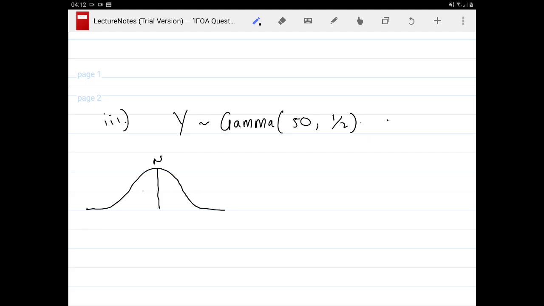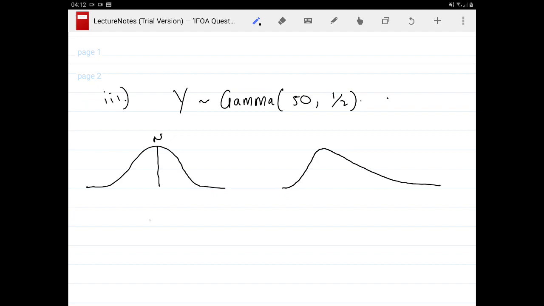It just might be shifted or squeezed in or out a little bit, but it always has this bell curve shape, whereas the gamma distribution, depending on what alpha and beta are equal to, has very different shapes. But one of the important parts about the gamma distribution is that it's usually asymmetric, or skewed. So we have something that looks like this, where it's not a nice symmetric curve.